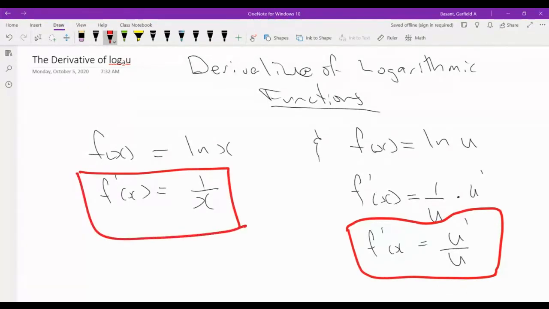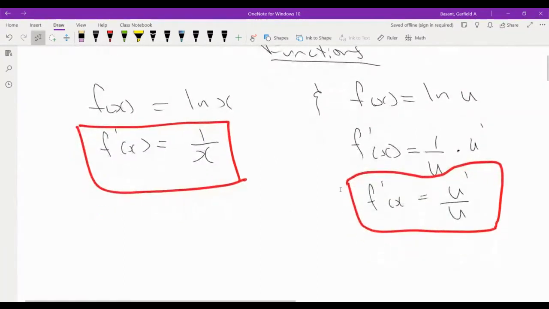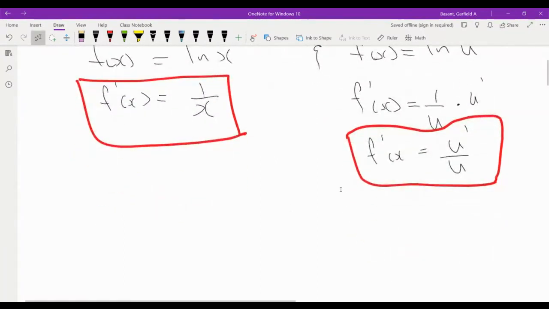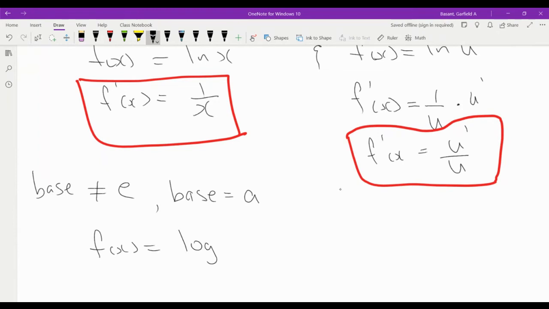when the base is not e, it's not that much more complicated. It's just like the exponential one that we just looked at. So let's look at when the base is not equal to e, and we're going to call it base a once again. So here we're trying to find f of x is equal to log base a of x.